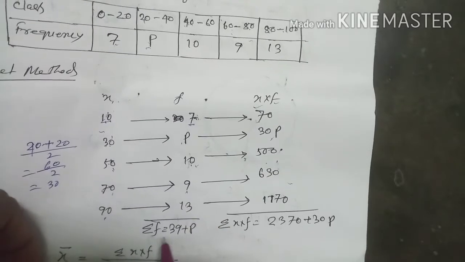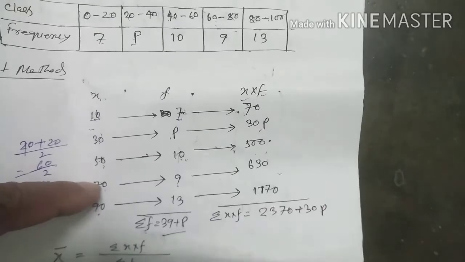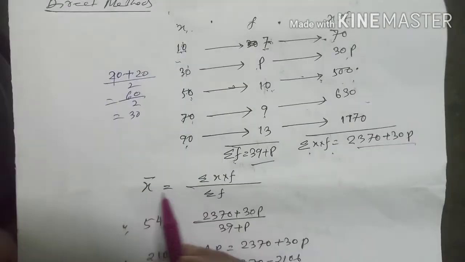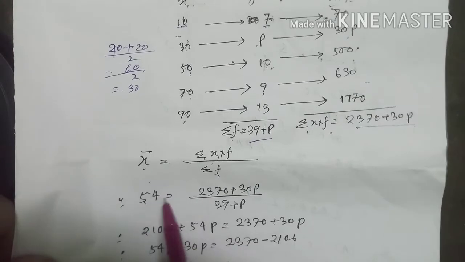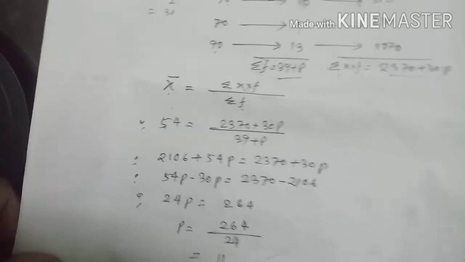On adding frequencies, summation of f equal to this, summation of xf equal to this. So we know that mean equal to summation of xf by summation of f. Putting the values, you can easily find the value of P.